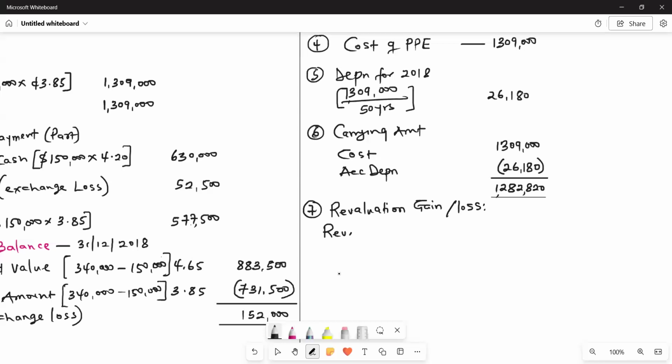For the purpose of ascertaining the revalued amount at the end of the year, that is where we do the translation. It's 340,000. What was the revalued amount in terms of dollars? 355,000.